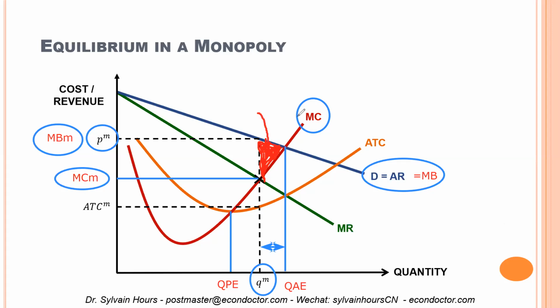I should buy a pen or something to make a more beautiful drawing. This is the deadweight loss that is generated by this monopolistic market. So we don't have allocative efficiency, we don't have productive efficiency, not good. And of course, as a result, we do not have economic efficiency.